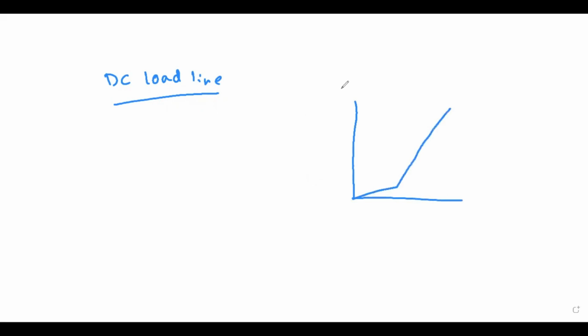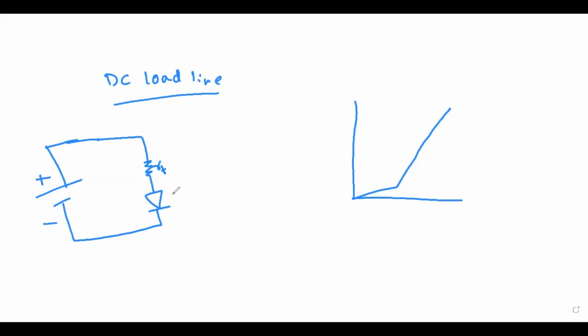Now, the next concept is the DC load line. If you consider the same forward characteristics, and this is the forward resistance RF, and the voltage across the diode is VD or VF.